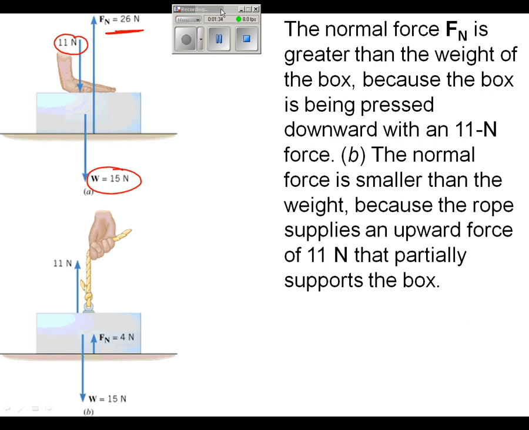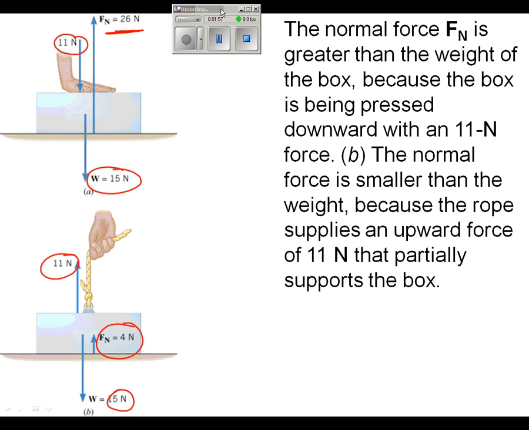In picture B, the normal force is smaller than the weight because the rope supplies an upwards force of 11 newtons that partially supports the box. So this downwards force of 15 newtons is partially canceled out by the 11 newton pull on the box, and so now the surface only has a normal force of 4 newtons.